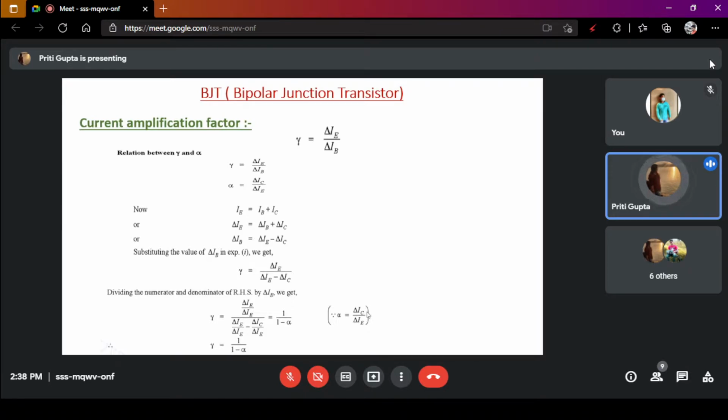Keep this inside a box and mark this one as per your copy. Just have a look which one is your last equation and then mark this one.